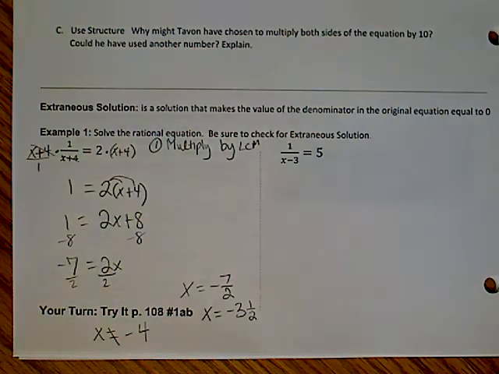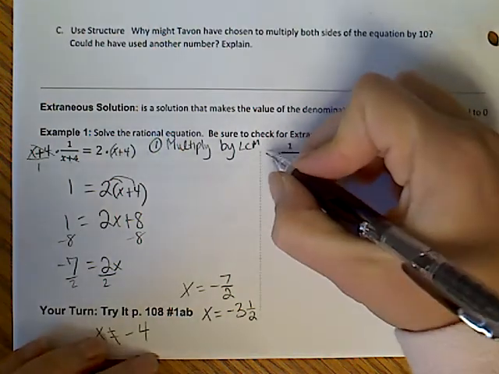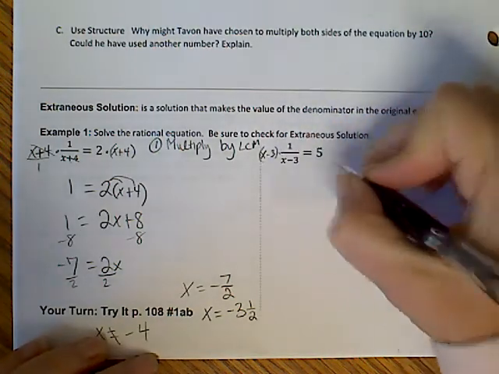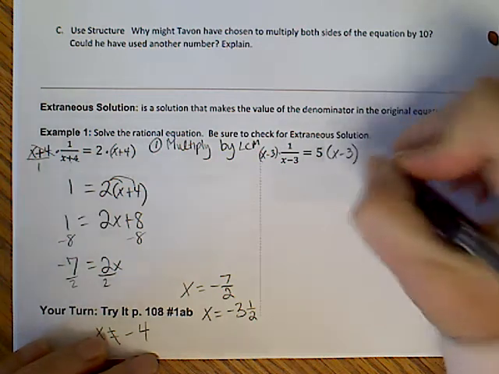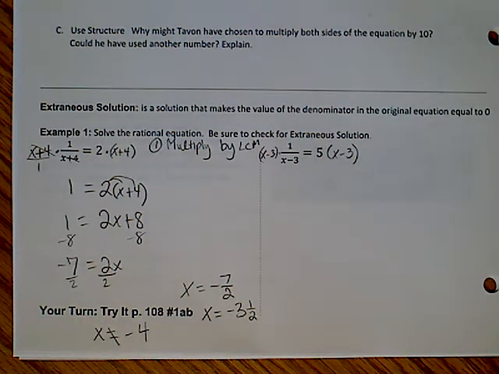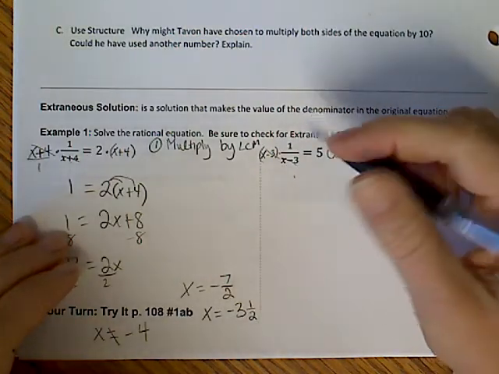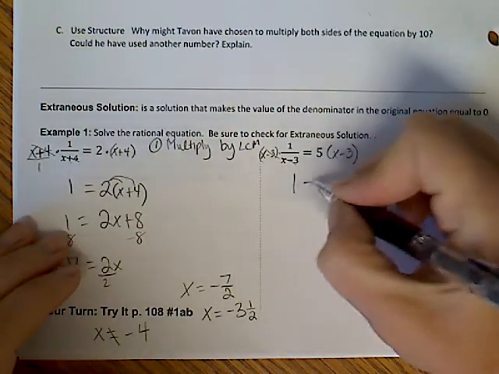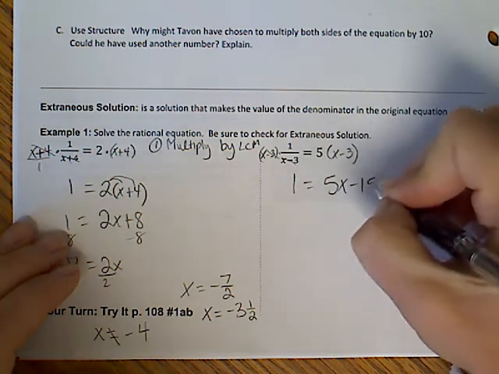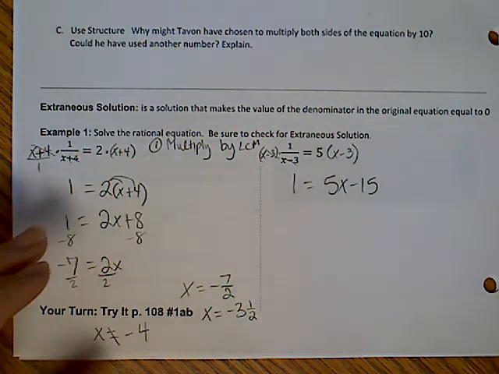I'm going to do the same thing for this next one. I'm going to multiply by x minus 3. And now, the x minus 3's cancel. I get 1 equals 5x minus 15. Okay?